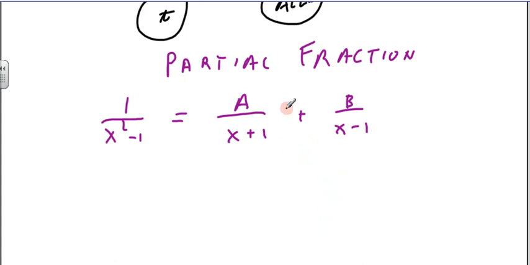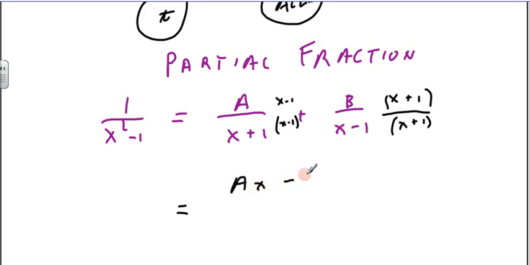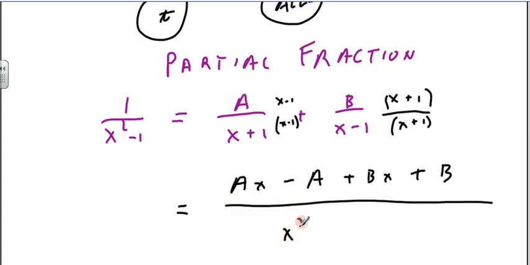So we cross multiply by x minus 1 and by x plus 1 on the other side. Normally we do this in our head, and we end up with ax minus a plus bx plus b divided by x squared minus 1.